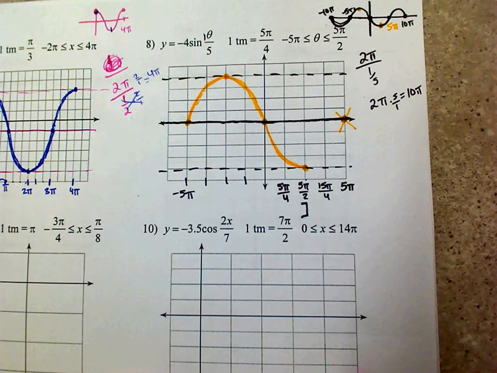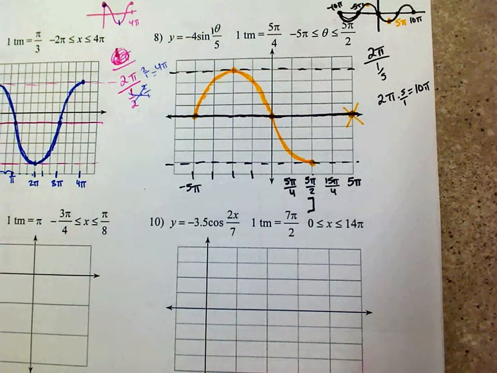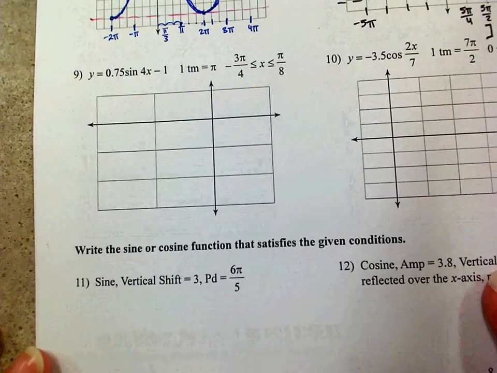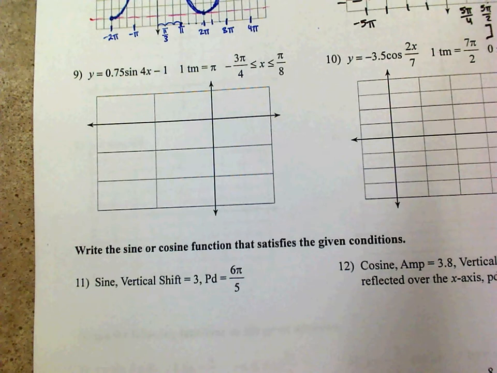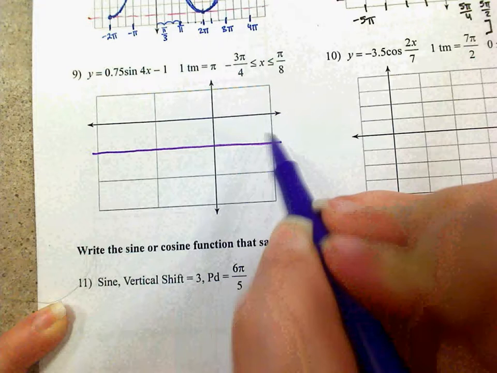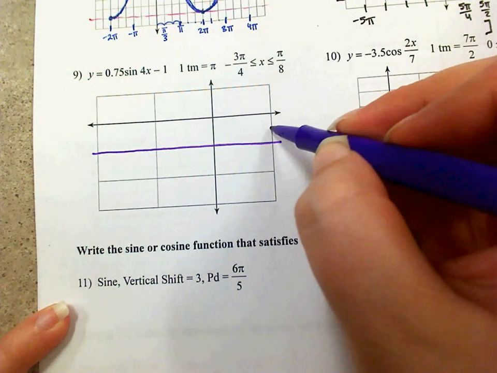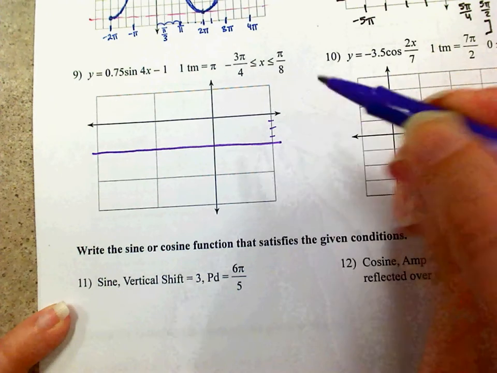Alright, and let's go to this one. Okay, on this one we have a midline or a vertical shift of -1, so midline at -1. We have an amplitude of 0.75. If you break this down into half and then quarters, then you can kind of see where the midline would be.